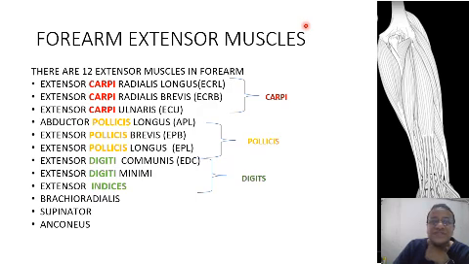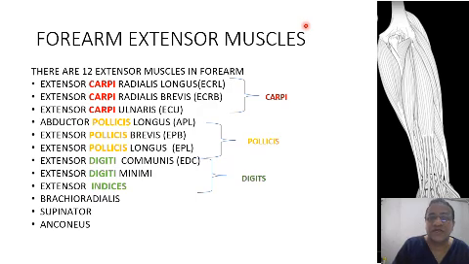Extensor digitorum communis is the main extensor of the second to fifth digits, and extensor digiti minimi specifically extends the fifth digit, or the little finger.